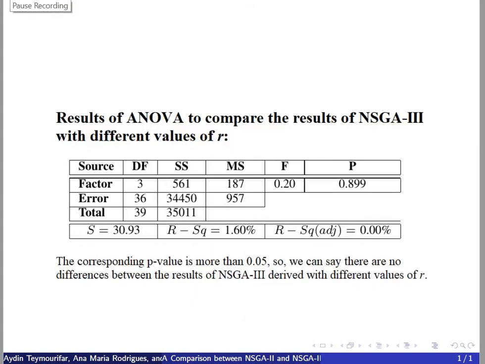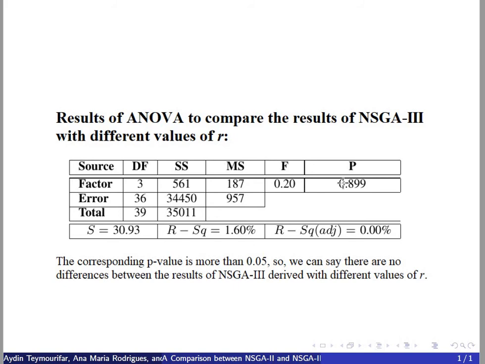The results of the ANOVA test to compare the results of NSGA-III with different values of R are shown in this table. As shown, the corresponding p-value is more than 5%, and therefore H0 cannot be rejected.